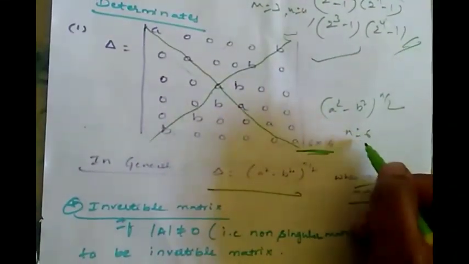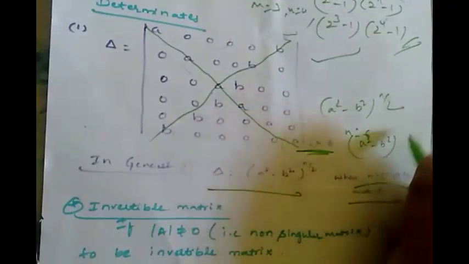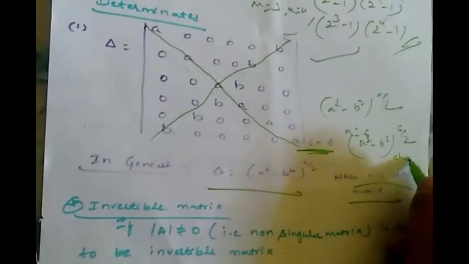Here all the principal diagonal entries are A and the non-principal diagonal entries are B. If the matrix has this form, then the trick is (A square minus B square) whole power n by 2, where n is the order of the matrix. Here n is equal to 6, therefore (A square minus B square) whole power 6 by 2, that is (A square minus B square) whole cube. This is the determinant of this matrix.